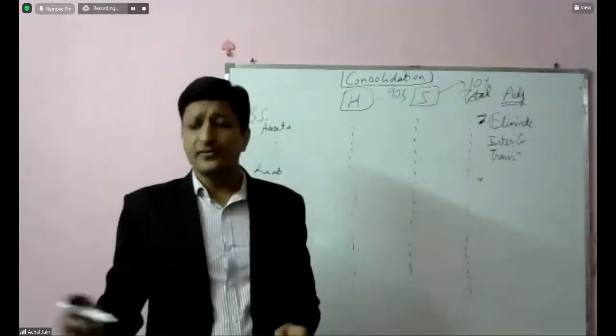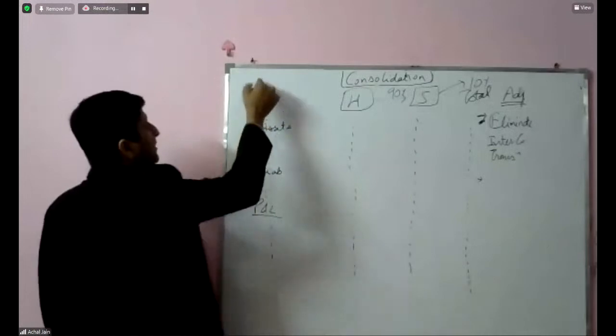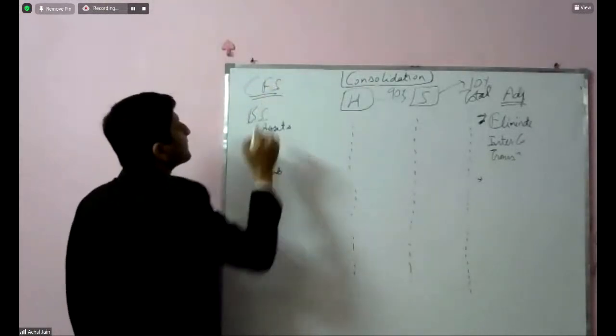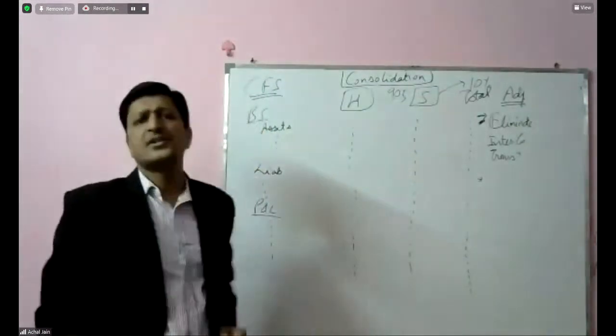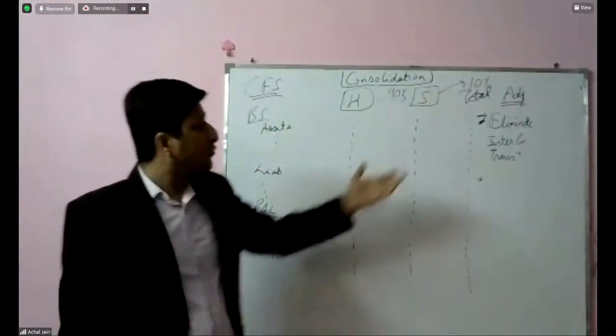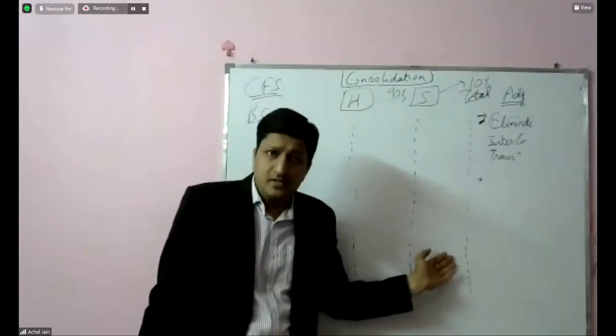In the consolidated financial statements, what will happen? Let's suppose this is the consolidated financial statements, and we are looking at the balance sheet. So if you look at this balance sheet after elimination, etc., what will you see? You will see some assets, you will see some liabilities, you will see some reserves.